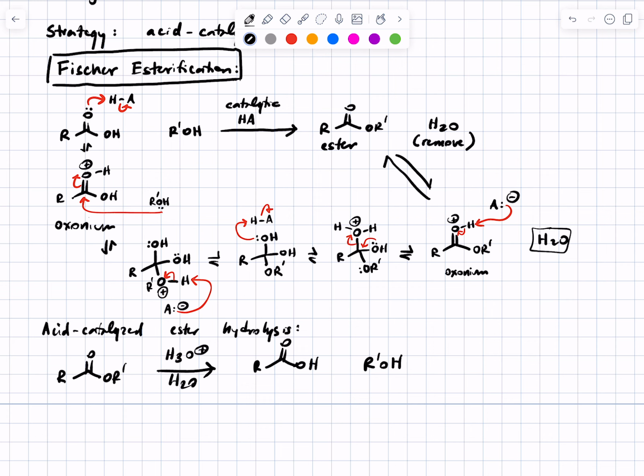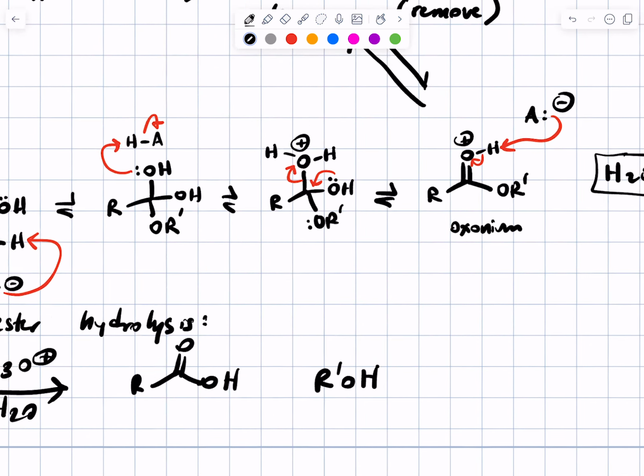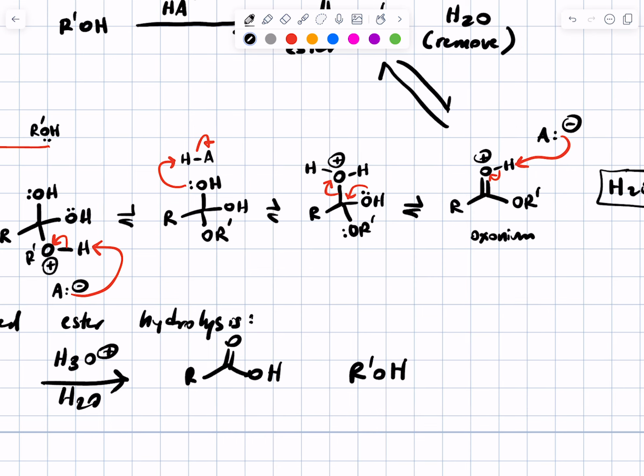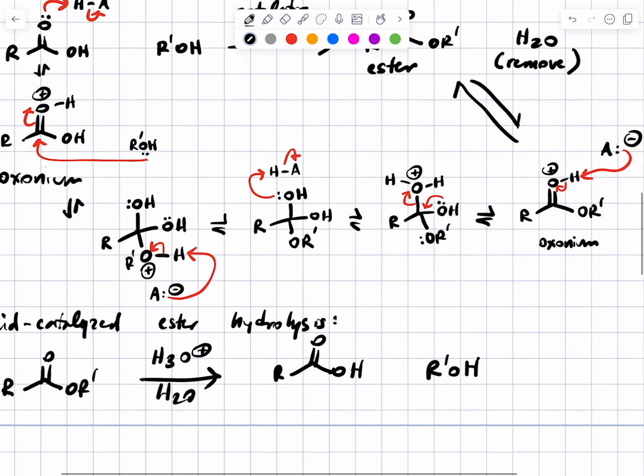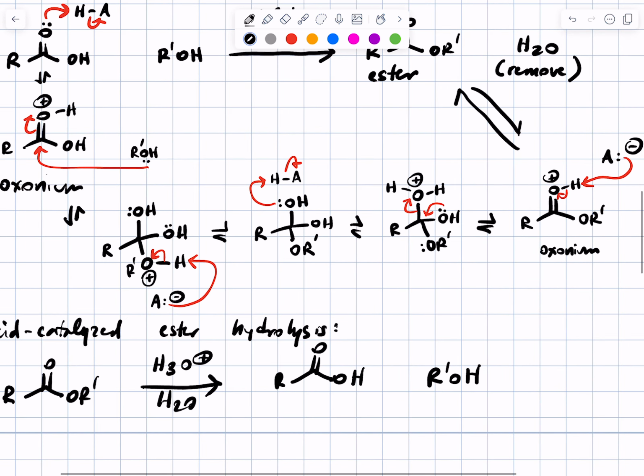Go ahead. Before you got to the oxonium and the lone pair electrons on the oxygen transferred to the pi bond and then kicked off, did it just kick off one of the protons? My question is, because we had 2 protons before the oxonium ion, and then in the oxonium we just have to restore the acid catalyst.